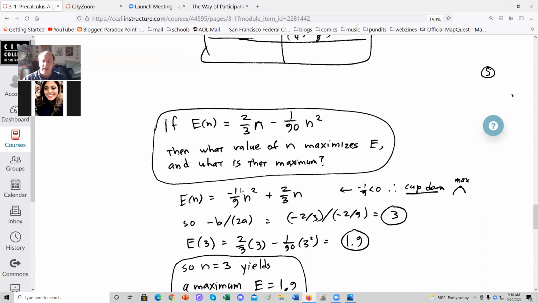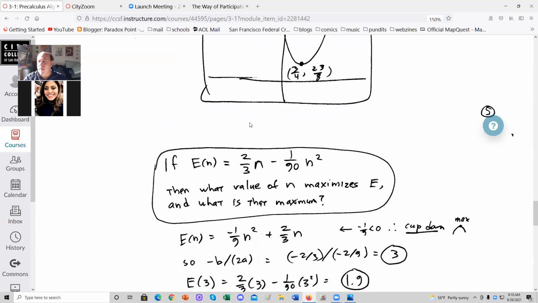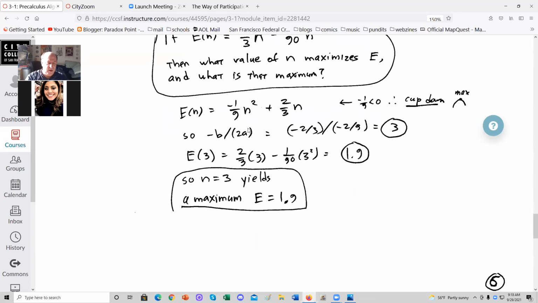Okay, we rewrite that as, oh dear. I think I've made some kind of error here. This should be a 90, not a 9. I'll have to fix it on the canvas.